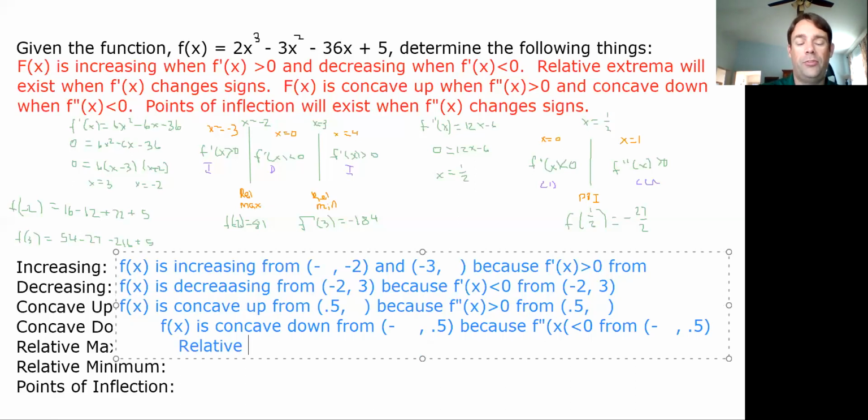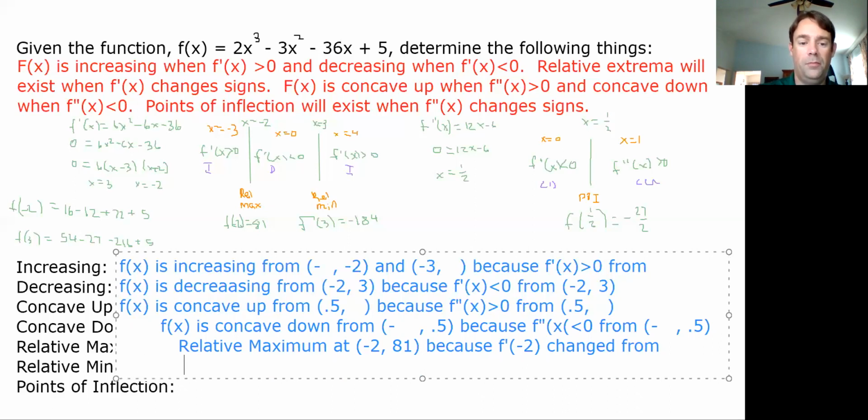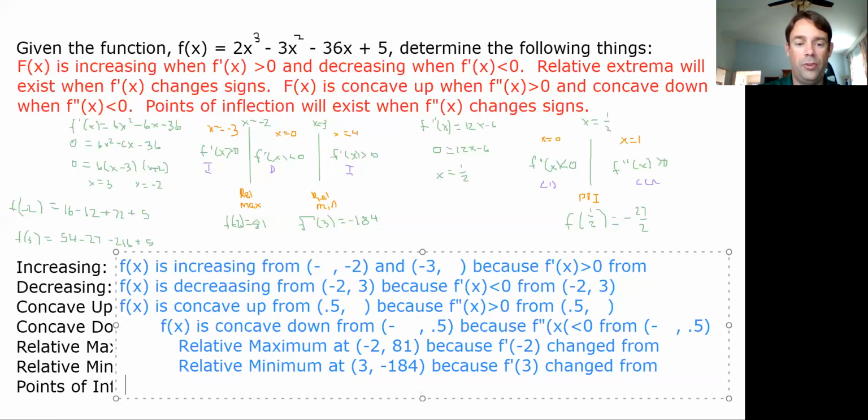Relative maximum at -2, 281, because f prime of -2 changed from, and I'll say where it changed in a second, relative minimum at 3, negative 184, because f prime of 3 changed from, and I'll say where it changed in a second.